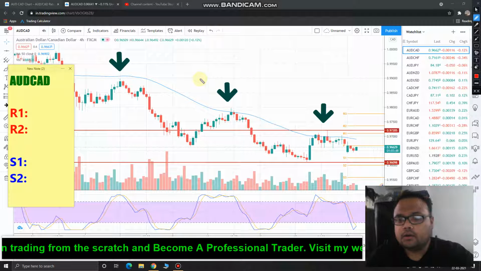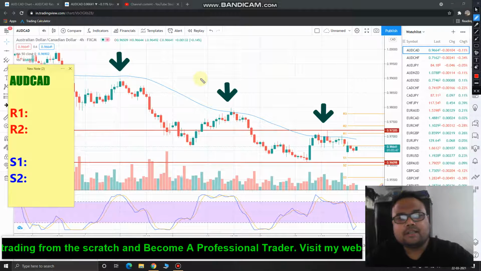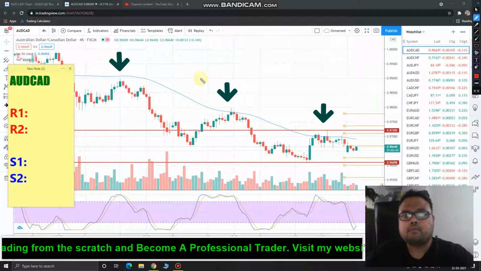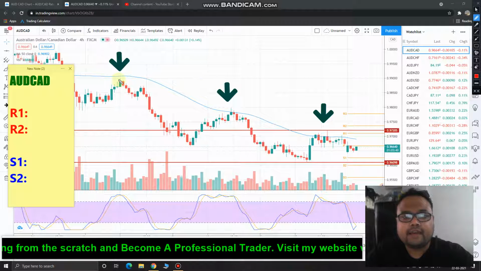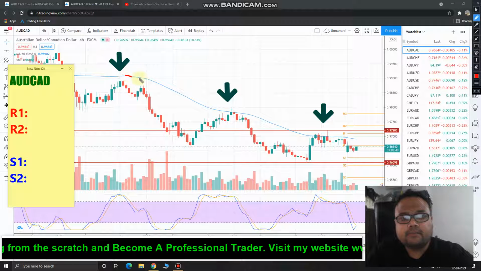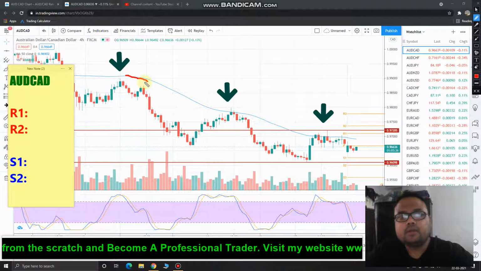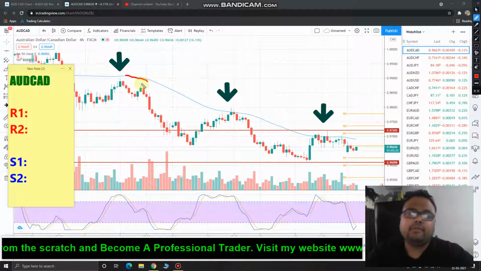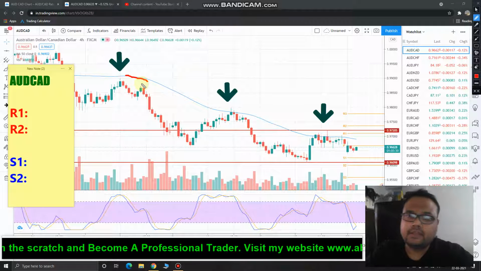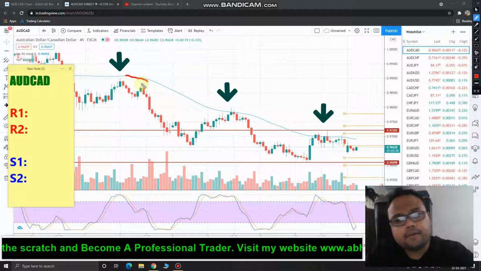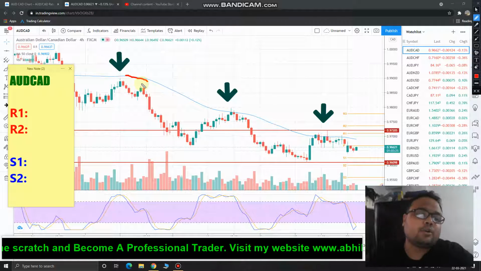We know very well that it was in a downtrend and it was very easy for us to trade because it was getting resistance from the 50 moving average. This blue line is the 50 moving average. Whenever it was going up, the 50 moving average was giving resistance, and as a result there was price rejection from above and we were getting the opportunity to short the market.